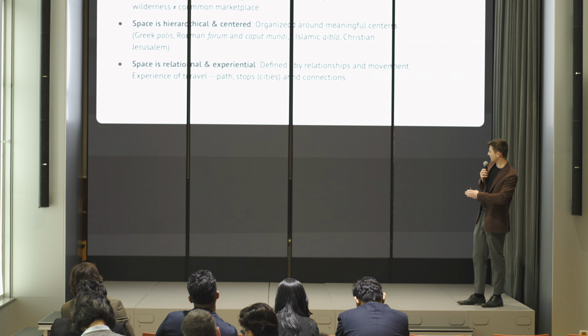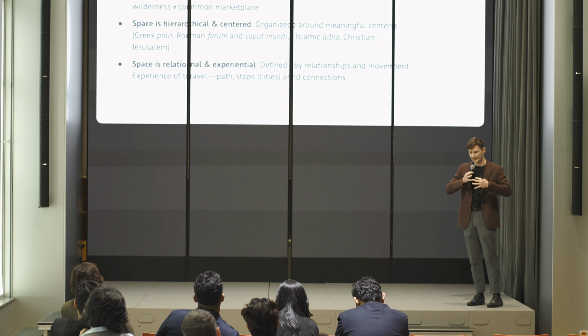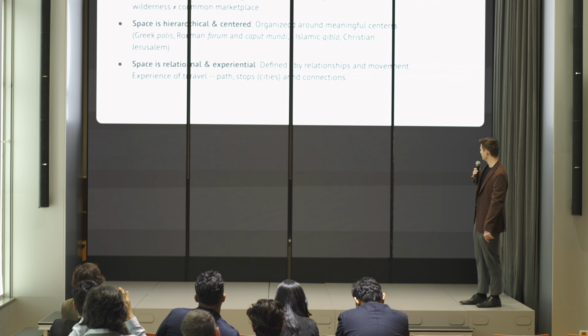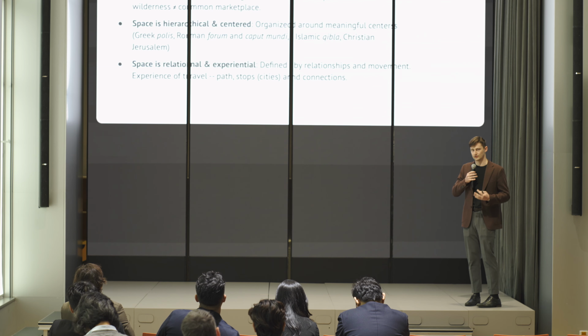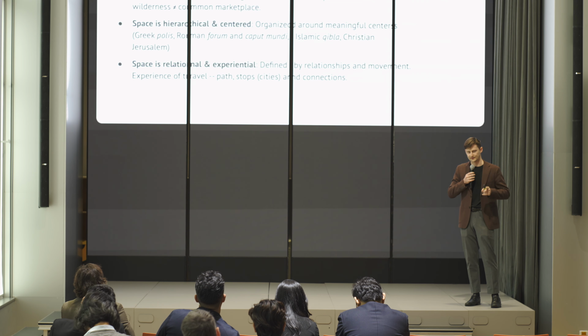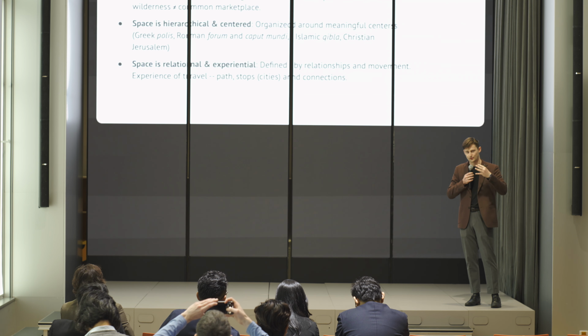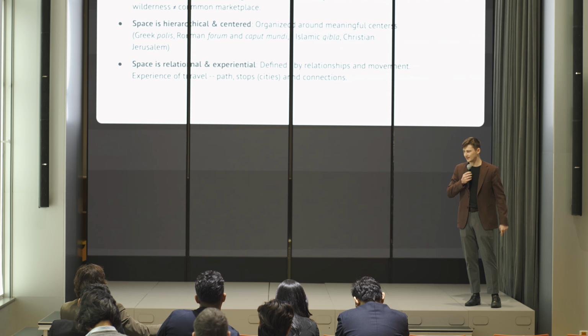So not all spaces are equal. They thought of space as hierarchical and centered. The center would be Rome, if we're talking on an imperial scale. And space is relational and experiential. And the experiential part is extremely important, and I think a lot of the people here understand that very well, right? What really ultimately matters is the experience of the user or the passenger or the traveler, and the Romans understood that very well.